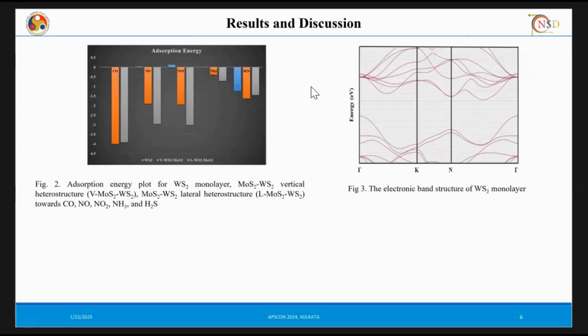If it is insulating, then whenever a gas interaction happens, there will be no variation in the structure, and we will not observe any significant electrical variation. If it is conducting, since we try to keep the gas concentration as low as possible, in ppb or ppm level, the concentration of the gas is very small compared to normal air.